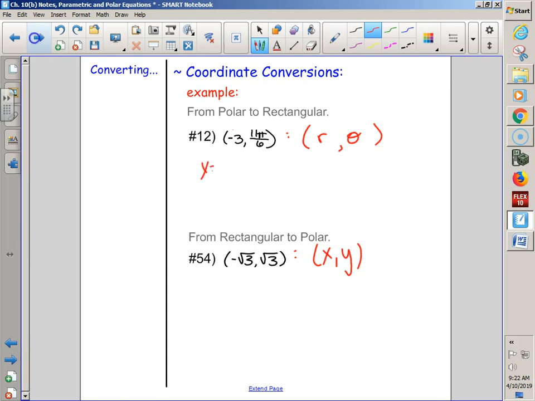So I can say x is equal to r cosine theta. Isn't this unit circle? 11 pi over 6, isn't it? Almost 2 pi, right? 11/6. Oh, it's right there. Well, if it's only 1/6 away instead of 1/3 away, it's a 30 degree.